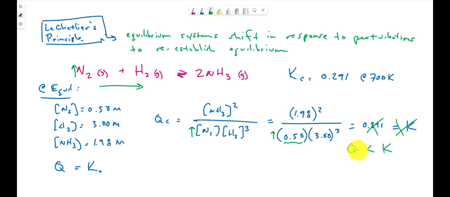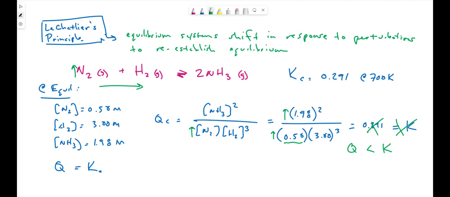If Q is less than K, how is the system going to have to respond? Well, if Q is less than K, that means that the system is going to have to make more of the ammonia here in order to rebalance that value so the system becomes equal to 0.291.